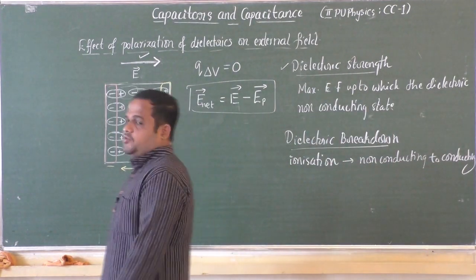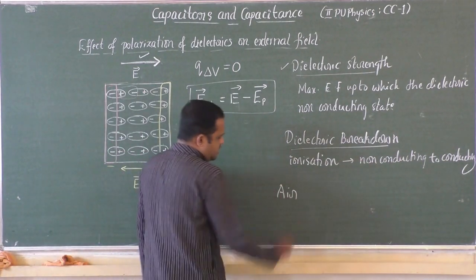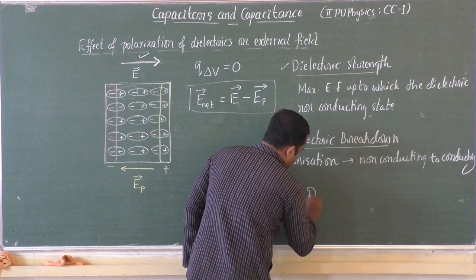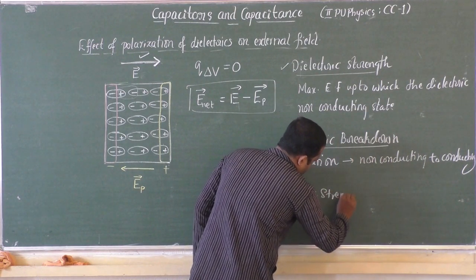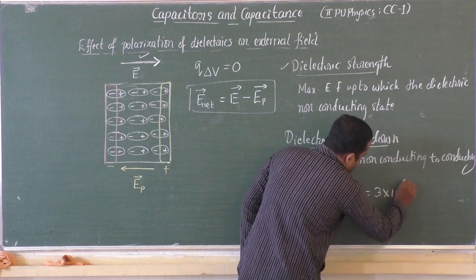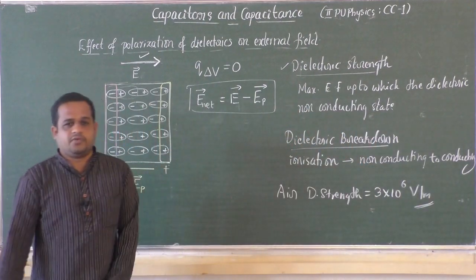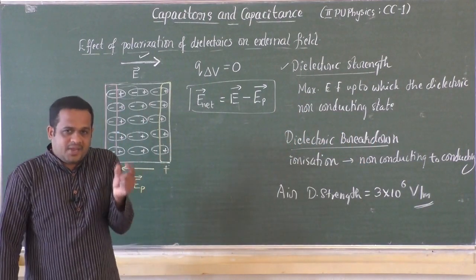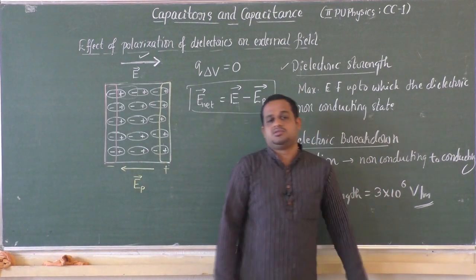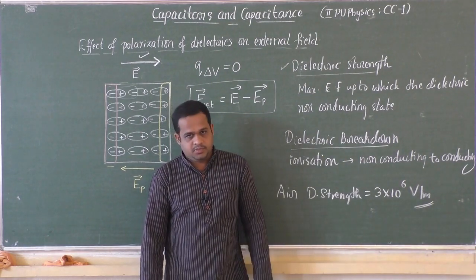Now air is a dielectric medium. The dielectric strength of air is 3 into 10 to the power 6 volt per meter. If you apply an electric field less than 3 into 10 to the power 6 volt per meter, air will be in non-conducting state.